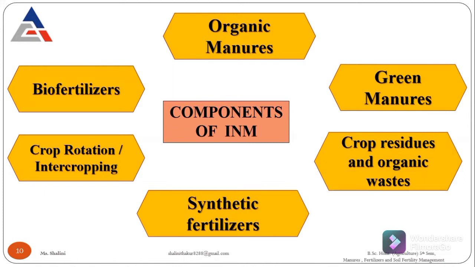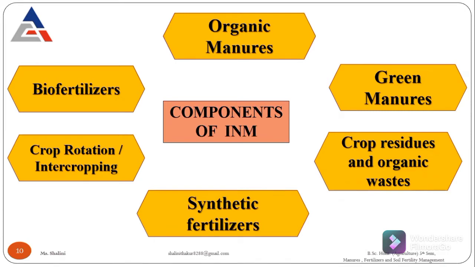After 6 to 8 weeks, we incorporate this green manure crop into our main field, also known as green manuring in situ. In green leaf manuring, we collect the twigs and dead leaves of plants and incorporate them in our main field. Examples are neem and subabul.